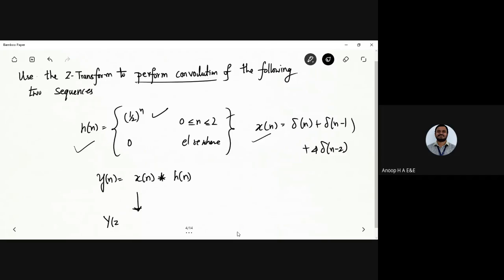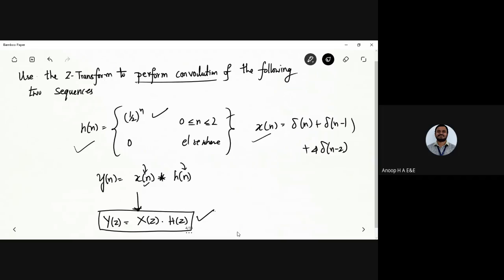I have Y of z equal to X of z multiplied with H of z. Fine. So first thing, I need to find out X of z. Next, I need to find out H of z.